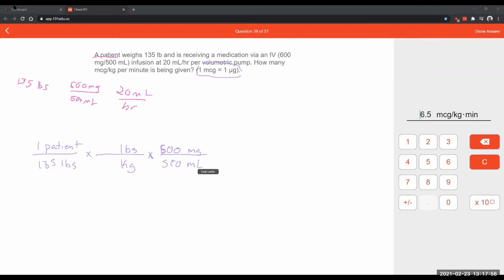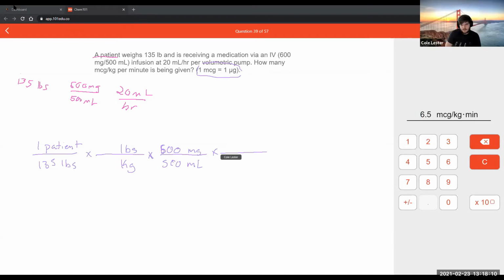Okay. And so the question already gives the microgram conversion, or what mcg is. It's just micrograms. So then you put the conversion factor for milligrams to micrograms. Okay. So milligrams to micrograms.